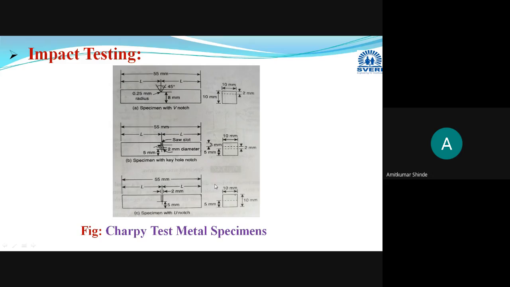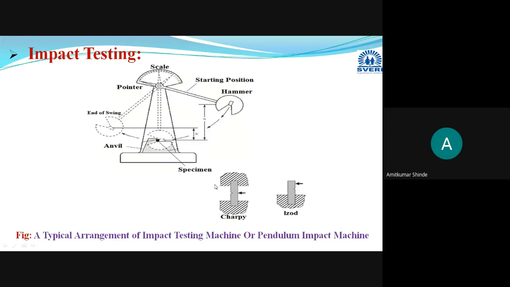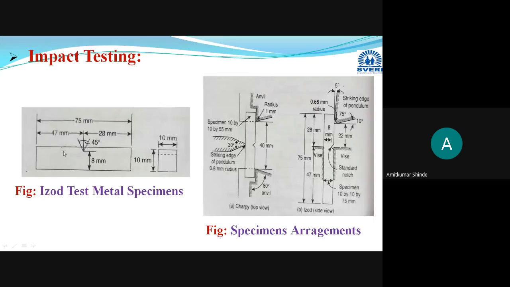In the Izod impact testing, the test specimen will be 10 millimeter thick, 10 millimeter wide, but the length will be more, 75 millimeter.